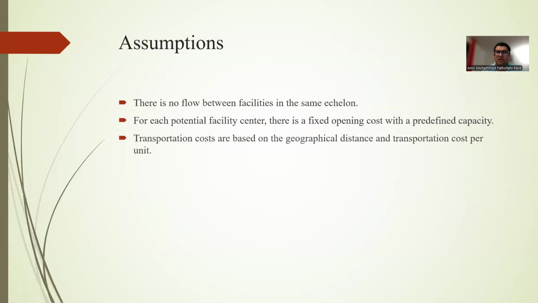The transportation costs are based on two factors: the geographical distance and the transportation cost per unit. It means that for transporting, we must consider the geographical distance between the facilities, the amount of transferred products, and the modes of transportation. So there are different options for transportation costs.